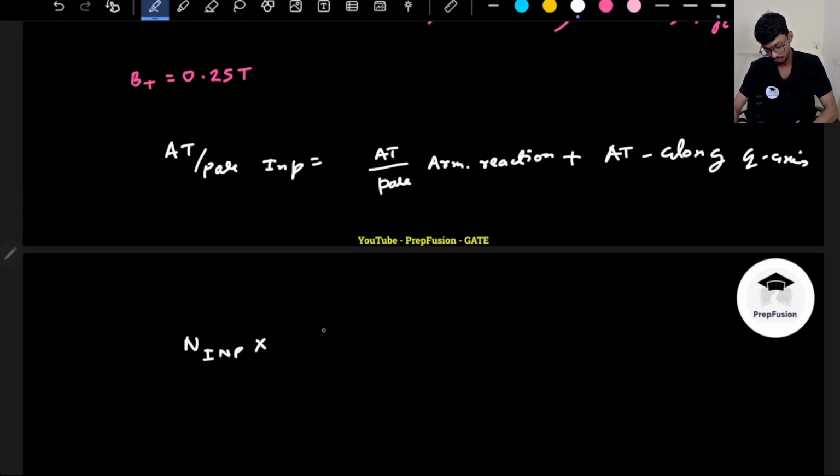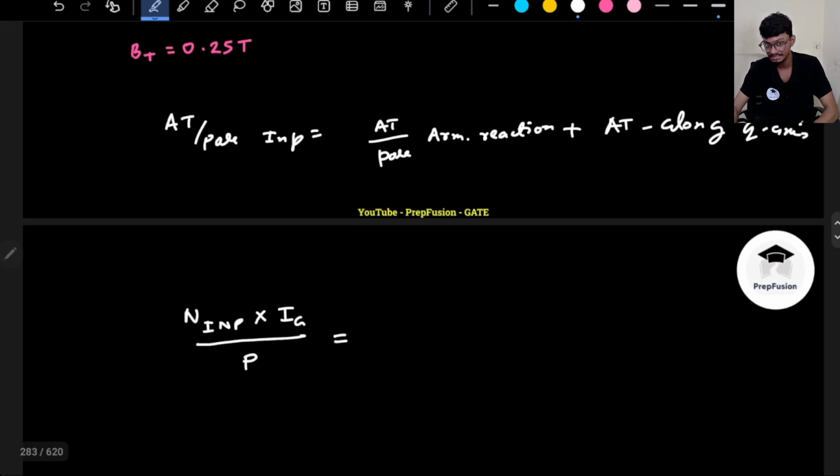into the current, it is connected in series with the armature, so it will be Ia by capital A, right? Okay, sorry, it will be Ia only, it will not be Ia by capital A, because it is connected in series with the armature, so it will carry the whole current Ia, correct? Now per pole, it will be divided by P. This will be equal to the number of conductors in the armature, that is Z by 2, into the current per armature coil.